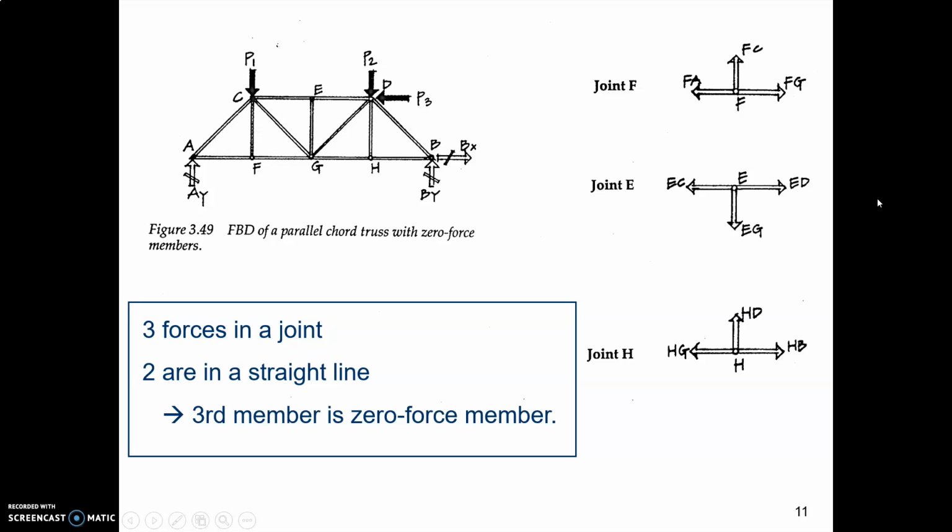That's the rule. 3 forces in a joint, and 2 of them are in a straight line, then the third one is 0. If you've got 4 forces in a joint, it doesn't work anymore. And if you've got bars that are not in a straight line, it doesn't work anymore. It has to be this special combination. Only 3 forces, and 2 of them are in a line. Then the third one is 0. So here are the 3 zero force members in this truss.